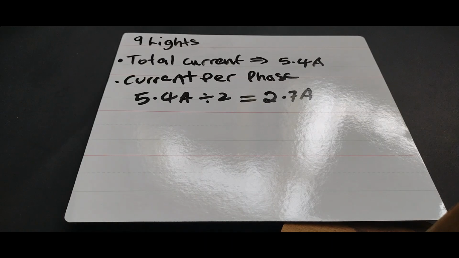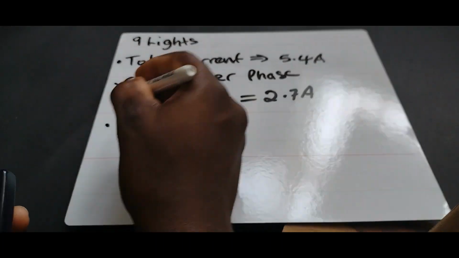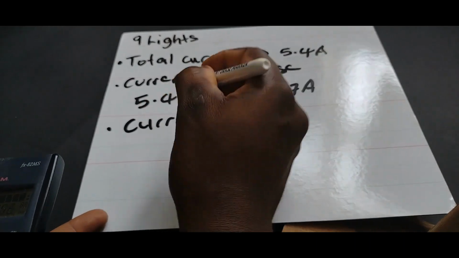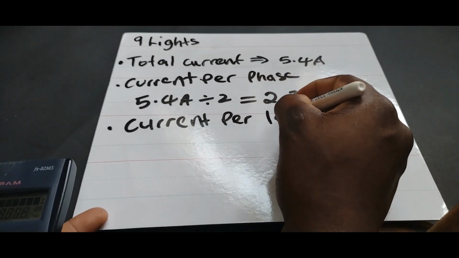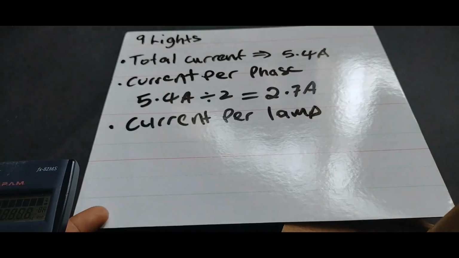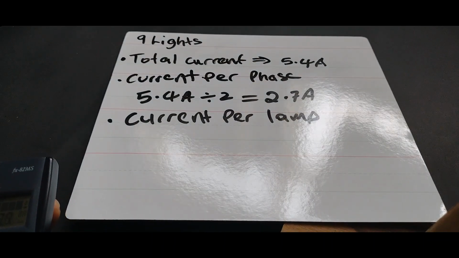Next, we need to know how much current each lamp will be drawing at max. All of this information, we will see the value of it when determining what we need for our material list and how we will be wiring the building.